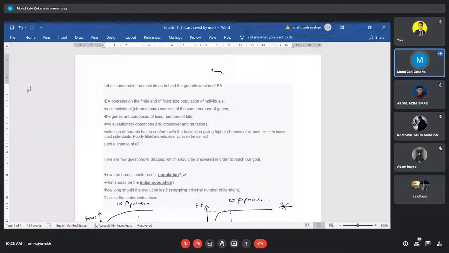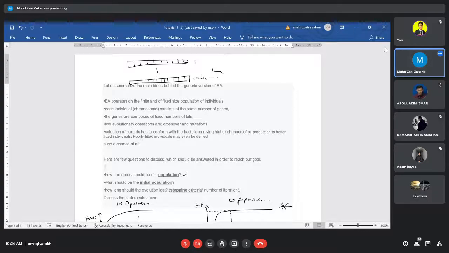For example, if we have 10 genes, like this: 1, 2, 3, 4, 5, 6, 7, 8, 9, 10. So this is chromosome number 1, and chromosome number 1 million must have the same number of columns, segments or genes.